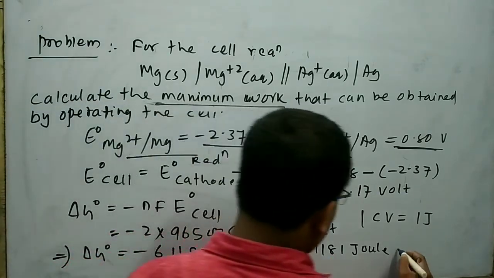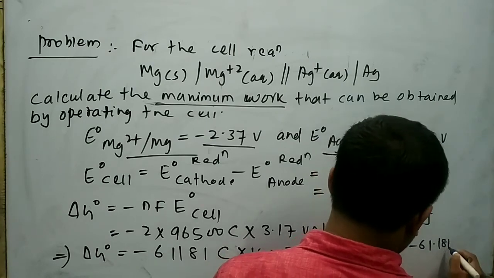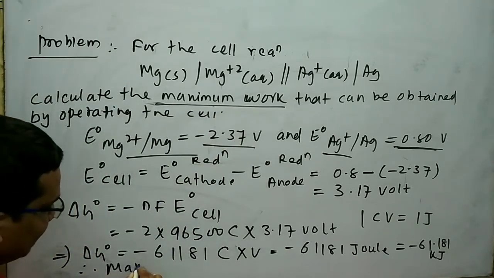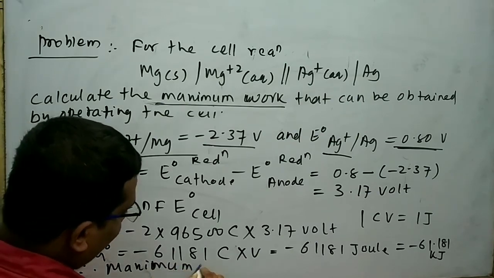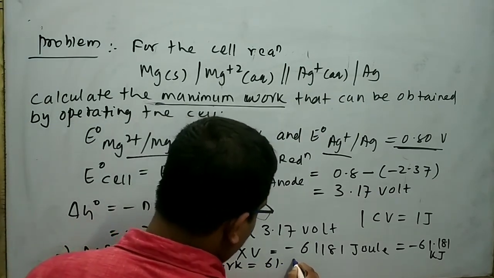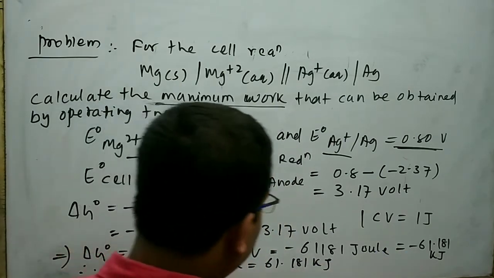So I can write minus 61.181 kilojoule. Our aim is to calculate the maximum work. So I can write the answer: maximum work equal to 61.18 kilojoule. Don't write the minus sign.